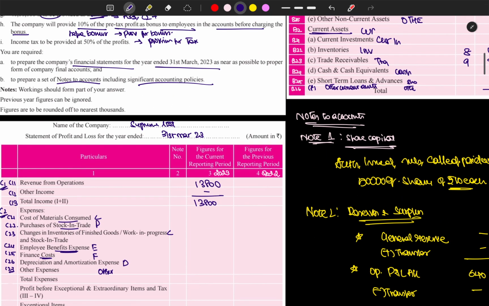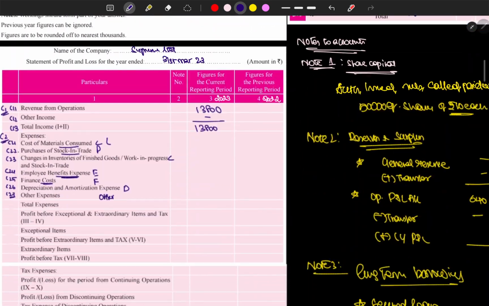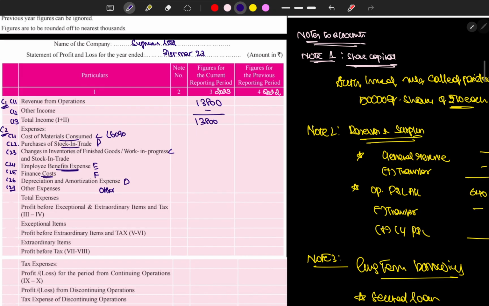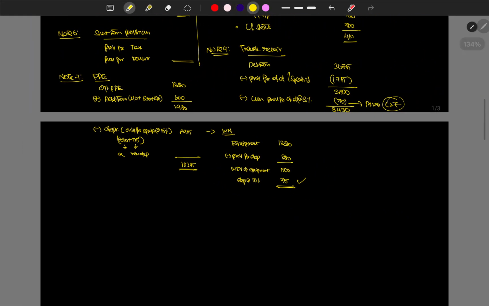Here there is a C21, which is 690, 1,90,000. 6,090 plus 190, we can put it here also as a note. We will prepare a note.